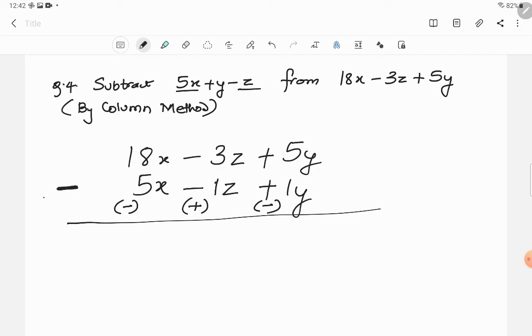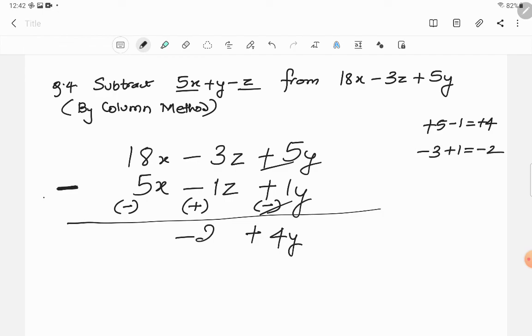It's time to handle the integers. Look at the y. So you have plus 5 and minus 1, because we changed the sign. So that is going to be plus 4. And attach that plus 4 with a y. So plus 5 minus 1 is plus 4y. Similarly, minus 3 and plus 1, that is a minus 2.